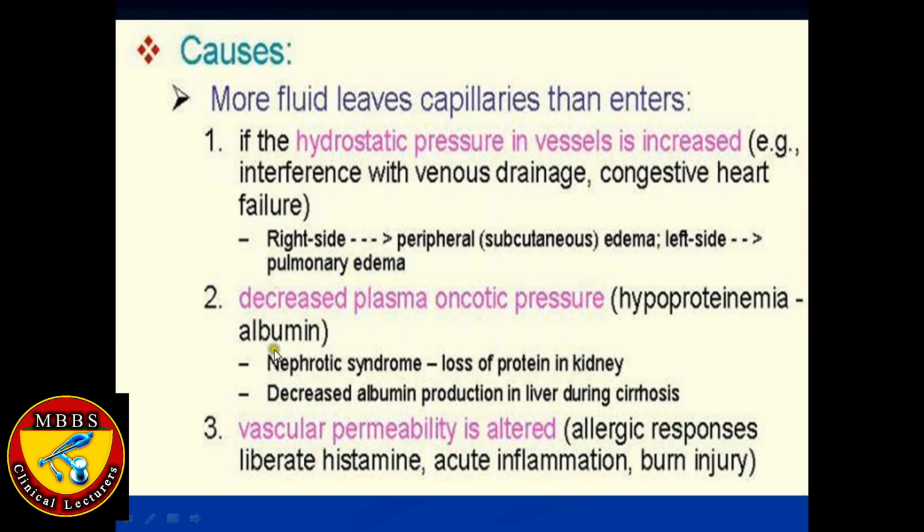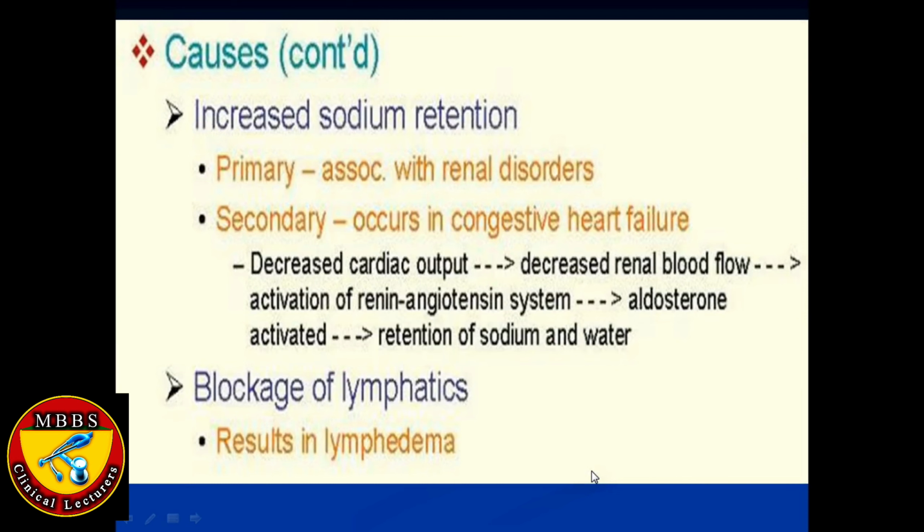The third condition could be increased vascular permeability, which may be encountered in cases of inflammations. Another situation would be increased sodium and water retention, which may be seen in primary renal disorders or might be seen secondarily in cases of cardiac failure. Lastly, blockage of lymphatics can also lead to a non-pitting kind of edema.